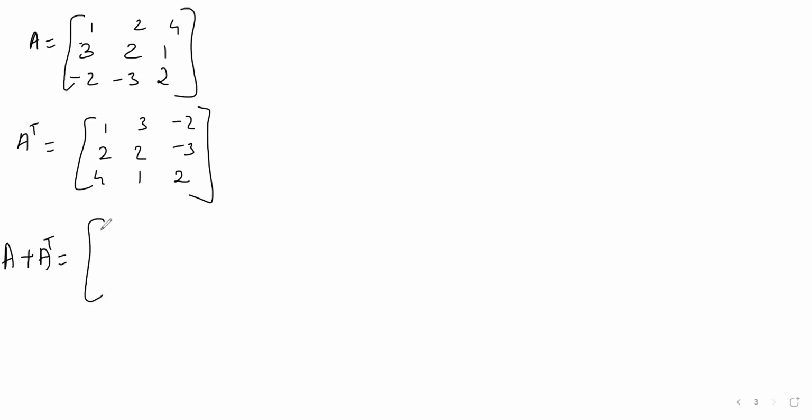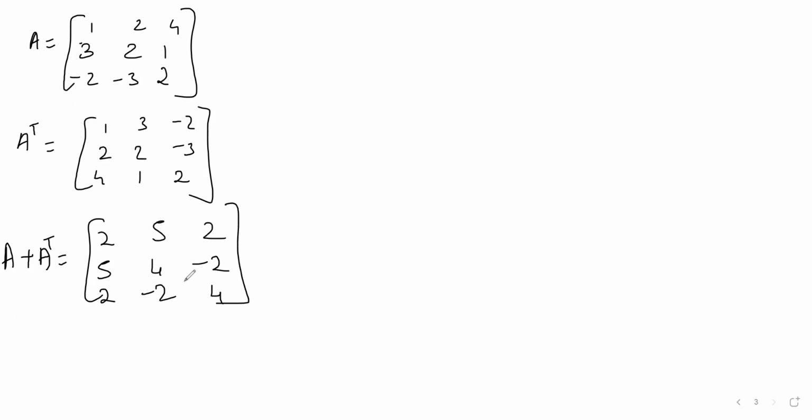That will be 1 plus 1 is 2, 2 plus 3 is 5, 4 minus 2 is 2, then 3 plus 2 is 5, 2 plus 2 is 4, 1 minus 3 becomes -2, and then 2, -2, and 2 plus 2 is 4.